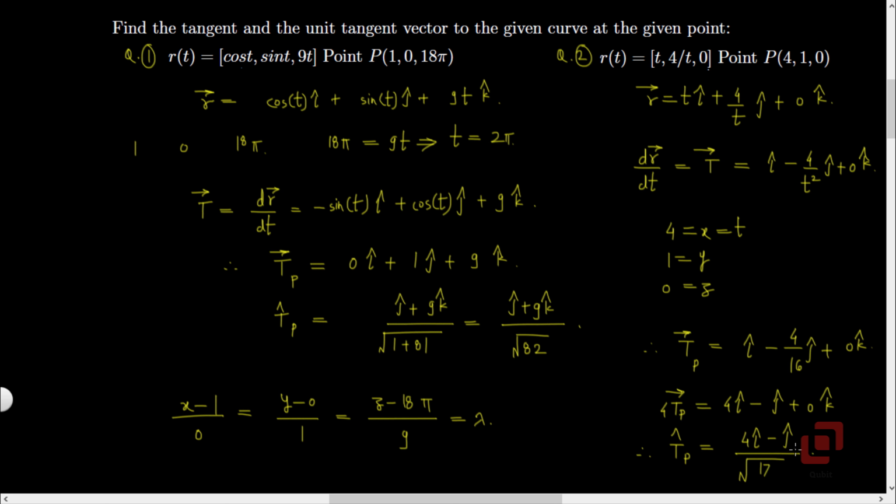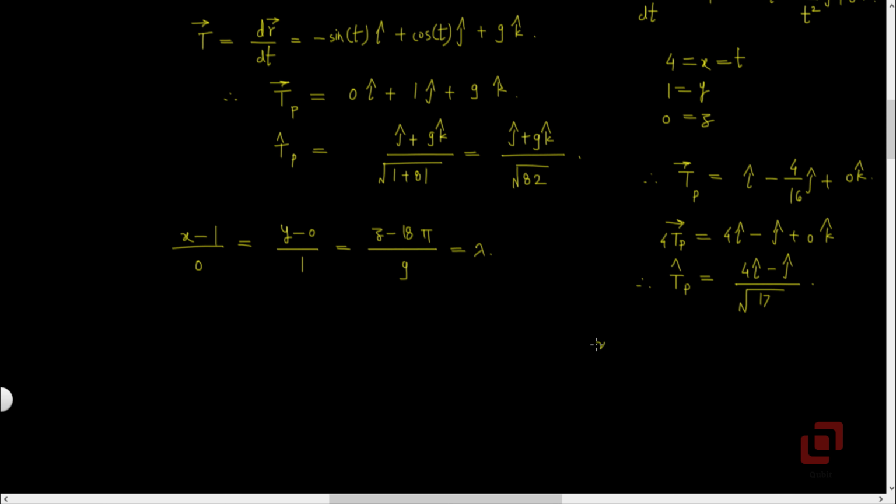Let us now find out the equation of the tangent line at point P to the given curve. We have x minus 4, y minus 1. There is no need to write z now because z is going to be 0 for all points on the given curve. For x minus 4 we must write 4, and for y minus 1 we must write minus 1, as 4 and minus 1 are the i and the j components of the tangent vector.